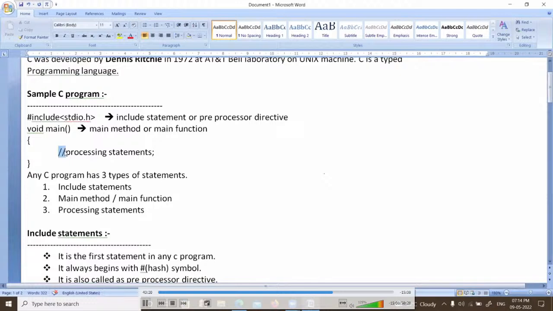You are the developers team. After you deliver the project to the end user, your duty is completed. Now a new team, the maintenance team, comes into the picture. How can the maintenance team understand the code written by you? For that, you have to write comments.